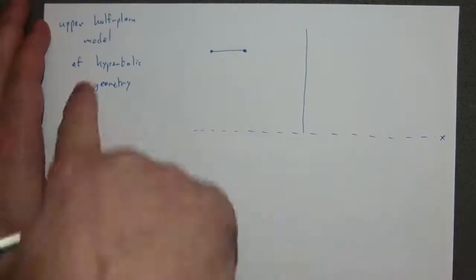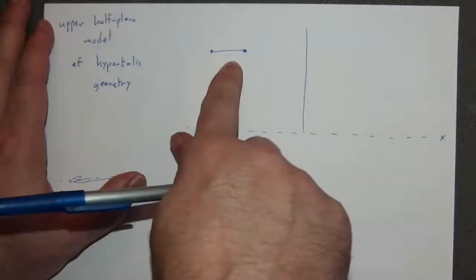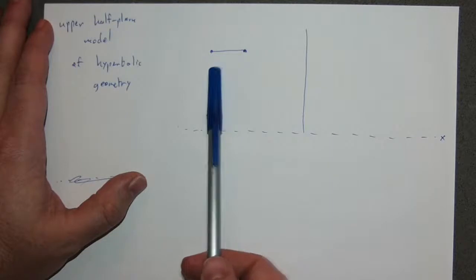This looks like a line segment, but in this geometry, this is not a line segment. It just looks like one.